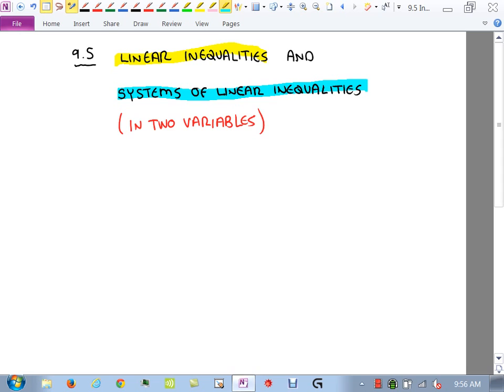Both of these involve 2 variables. So let's see what in this we are already familiar with. If this said linear equations, equations in 2 variables, what's a linear equation in 2 variables look like? X plus y equals 10, let's say. That's a linear equation in 2 variables.